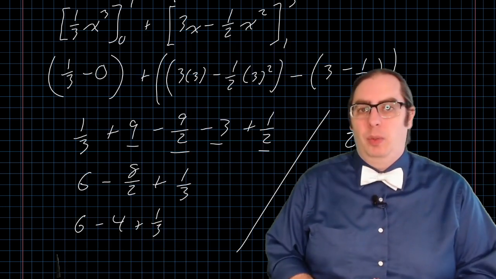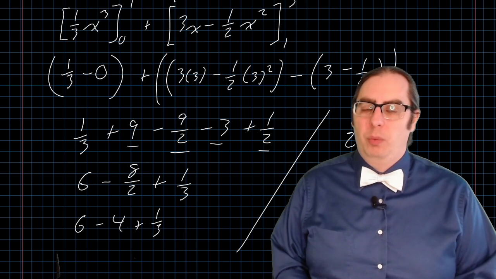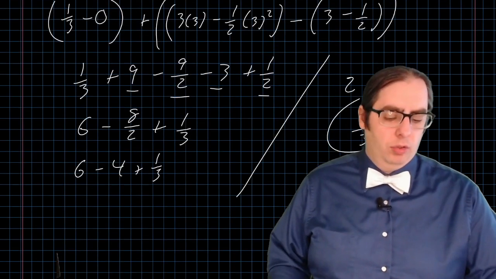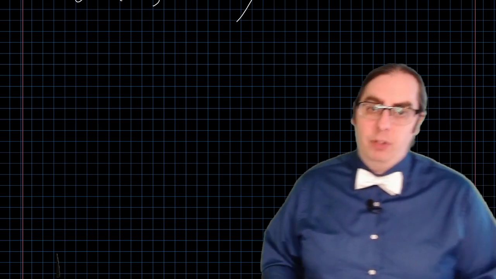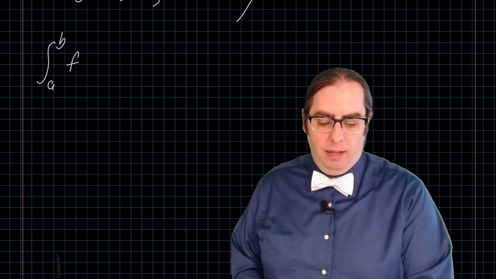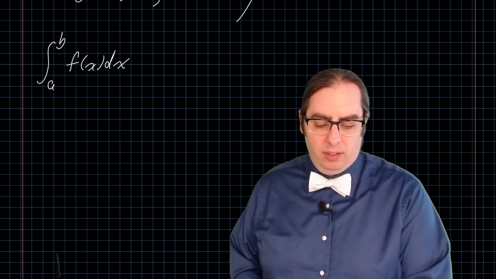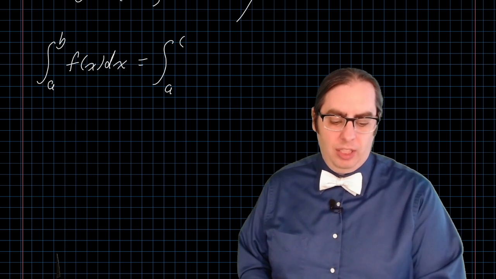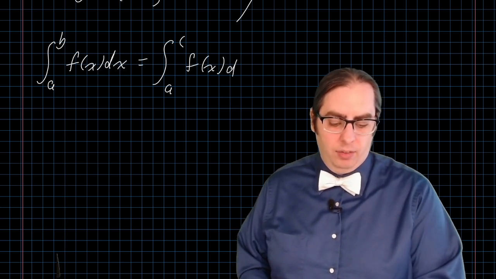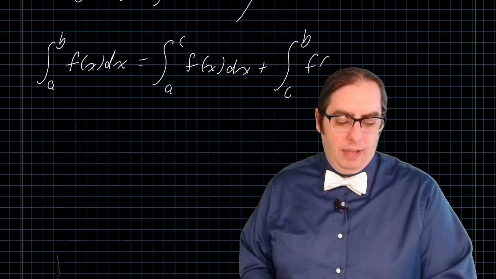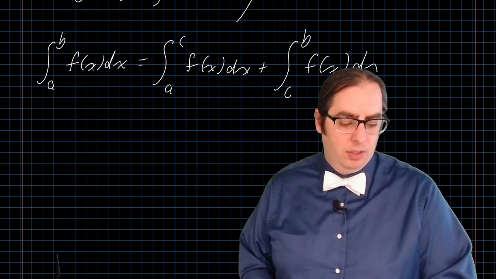I'm not going to go into an example on this one, but I do also want to point out that this rule always works. If you have the integral from a to b of f of x dx, that's going to be equal to the integral from a to c of f of x dx plus the integral from c to b of f of x dx.